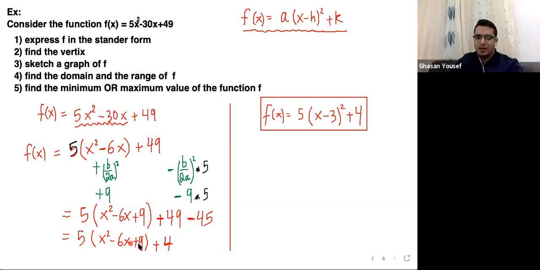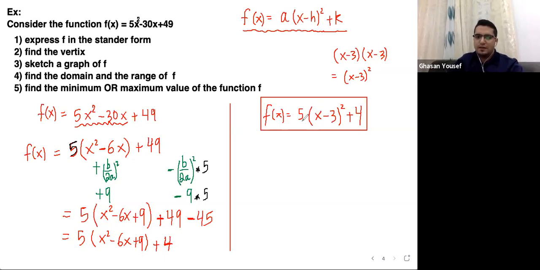The multiplication of these two numbers is 9, and the addition of these two numbers is minus 6. So the numbers are minus 3 and minus 3. So x minus 3 times x minus 3 will be the factor inside the parentheses, and this is equal (x minus 3) squared.